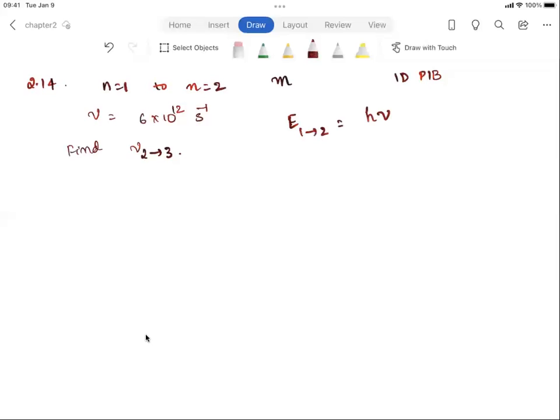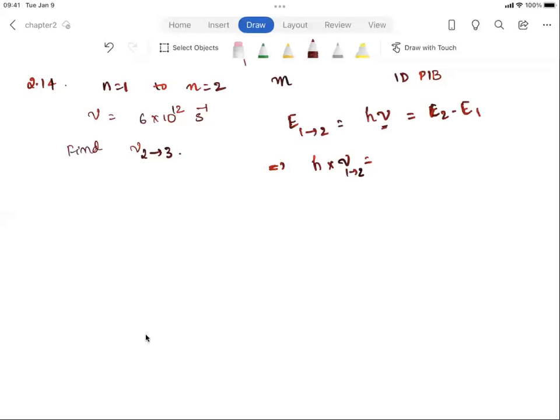We definitely know the energy for this, but we can also write it as E2 minus E1, the absolute magnitude of that, because frequency cannot be negative. Sorry, we don't need to do E1 minus E2, we can actually just do E2 minus E1, never mind that. So h times this nu, I'm going to call it nu 1 to 2.